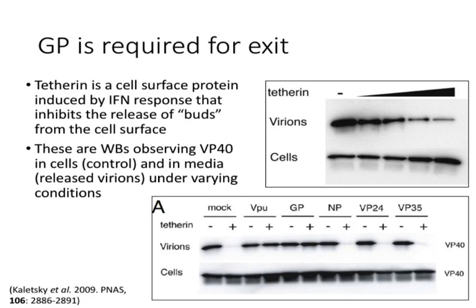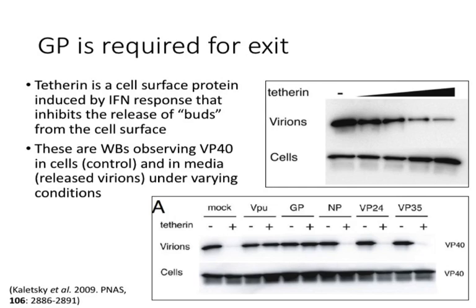Glycoprotein is actually absolutely required for exit, and it does so by somehow interacting with tetherin. So I'm showing you a couple of different Western blots here. The way that they've performed this experiment is they're looking at the VP40 protein within lysed cells.